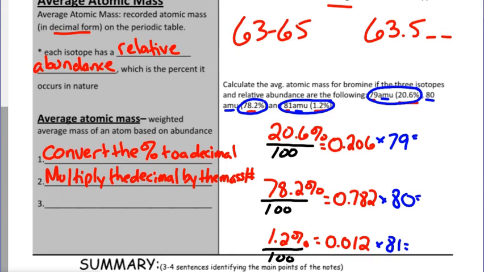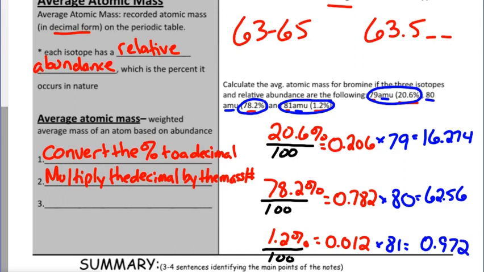We multiply 0.206 by 79, and that equals 16.274. We multiply 0.782 by 80, and we get 62.56. And then we multiply 0.012 by 81, and we get 0.972.